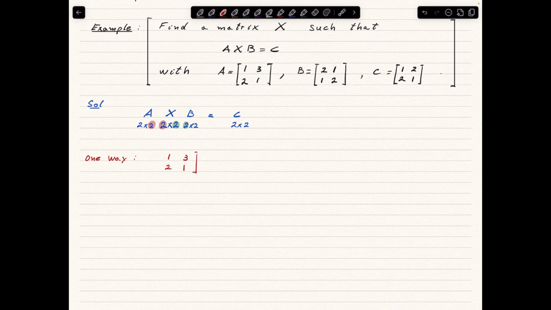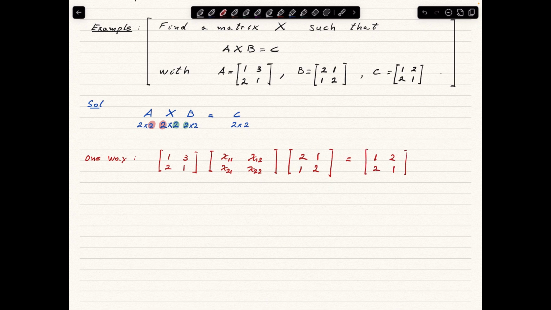This is matrix A. Now we know that our matrix X has shape 2 by 2, so it's going to be x11, x12, x21, and x22. Then we have matrix B, which is [[2, 1], [1, 2]], and then all this has to be equal to matrix C, which is [[1, 2], [2, 1]].